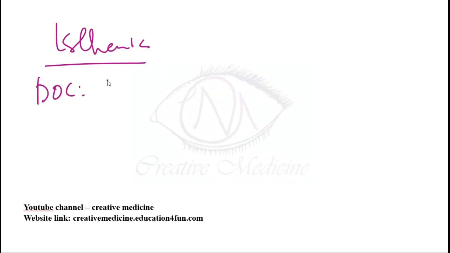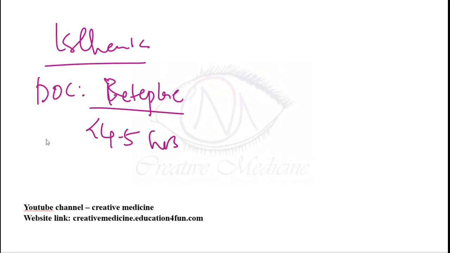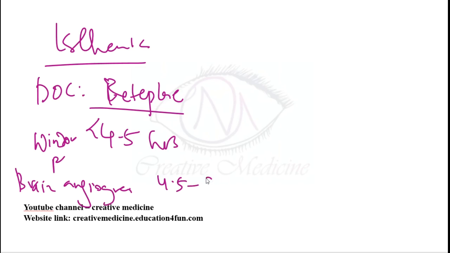If there is ischemic stroke, the drug of choice is reteplase. The window period for reteplase should be less than 4.5 hours of symptom onset, and brain angiography will be 4.5 to 6 hours.